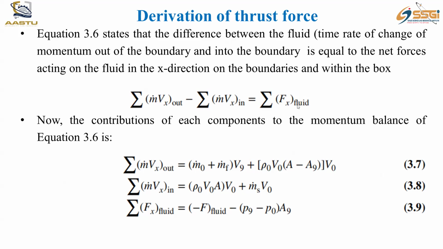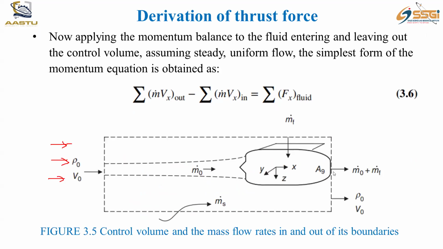Okay, so this is the equation, right? So the contribution of each component to the momentum balance of the above equations, we have the x component here. So the summation of force in the x direction, the momentum in the x direction out, is equal to m dot naught plus m dot f at station 9, because here this is the 9 condition.